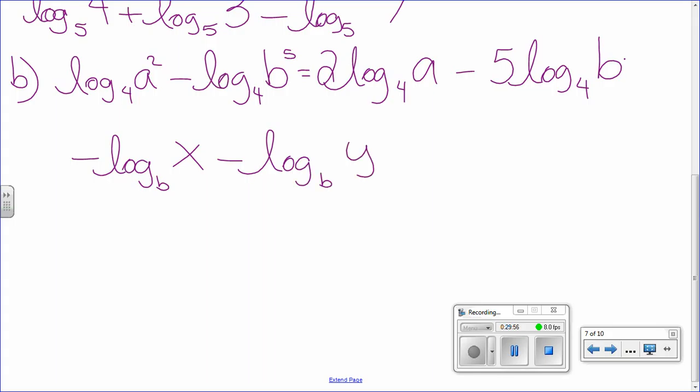How would you do that? There'll be 1 over x to the power of 1 minus... So you're saying 1 over x, 1 over y to the power of 1. Like that?